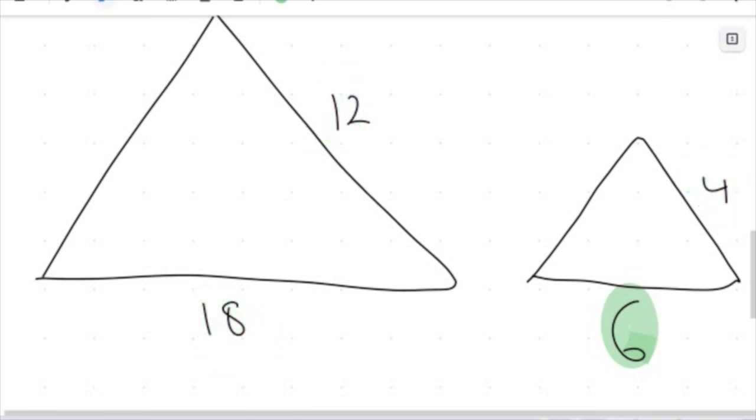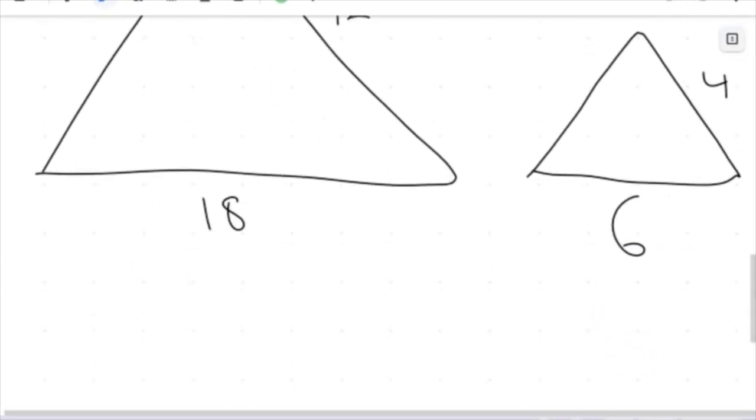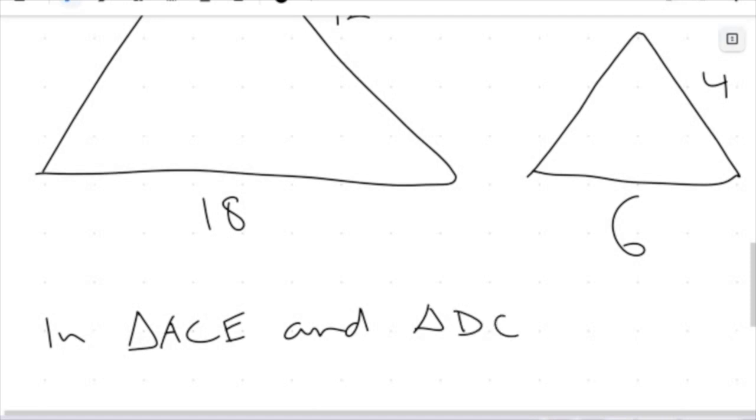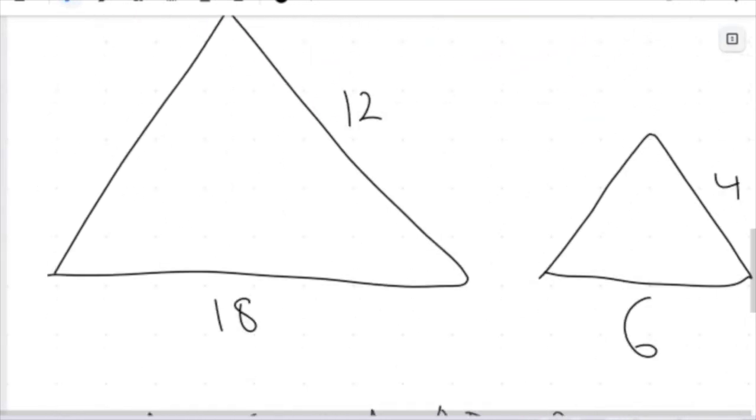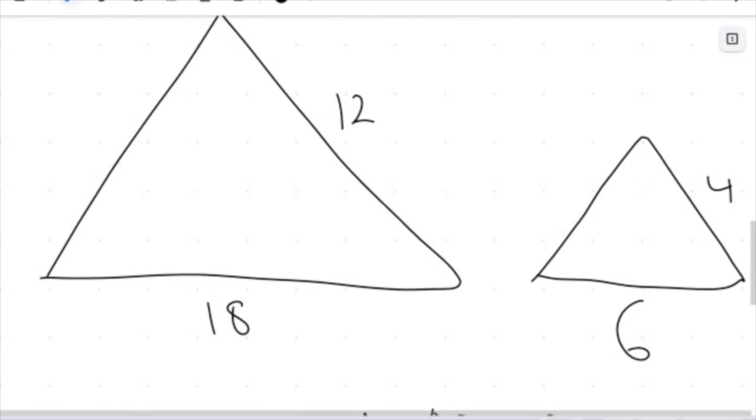First of all, we're going to introduce our two triangles, triangle ACE and DCB. I want to do some calculations to check these scale factors.